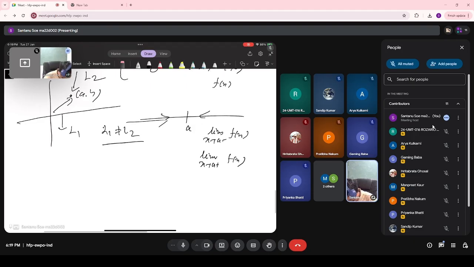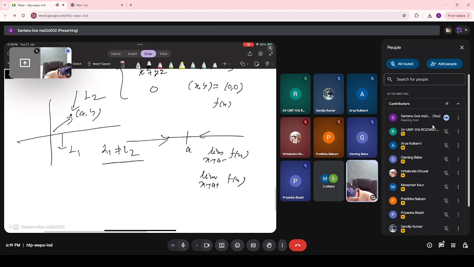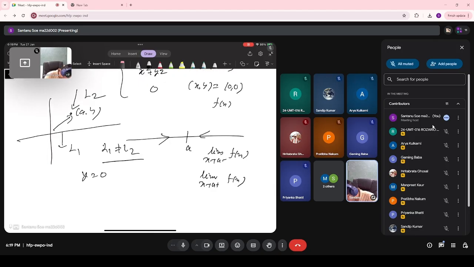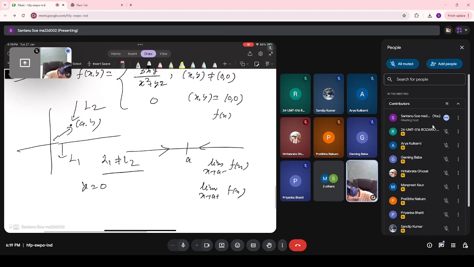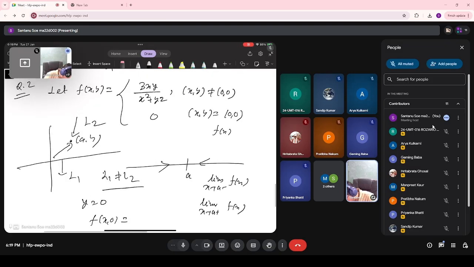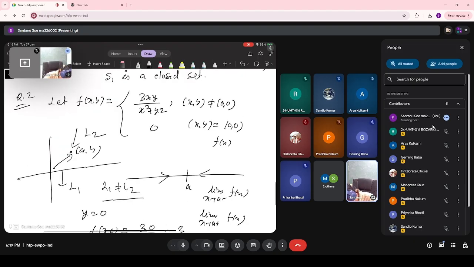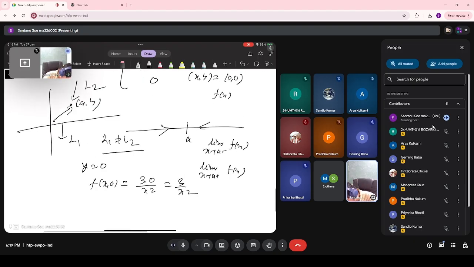Okay, so first let us go through the direction y equals 0. Here you check that if you just put y equals 0, then f of x comma 0 is nothing but 3 into 0 by x square, so this will be 0.